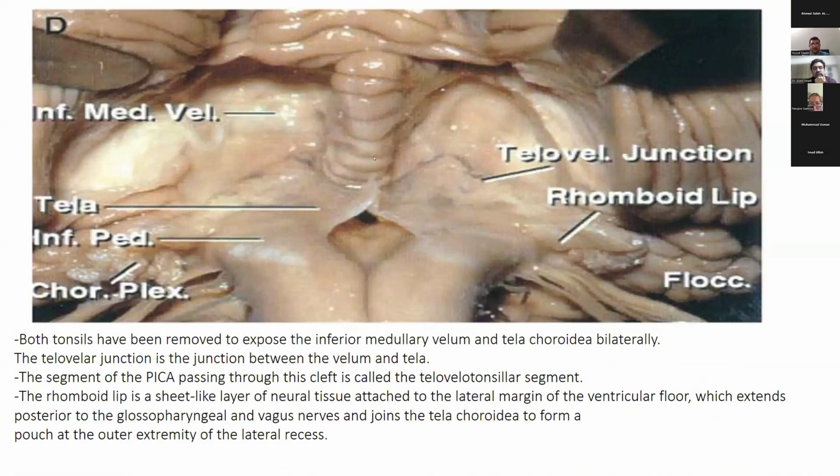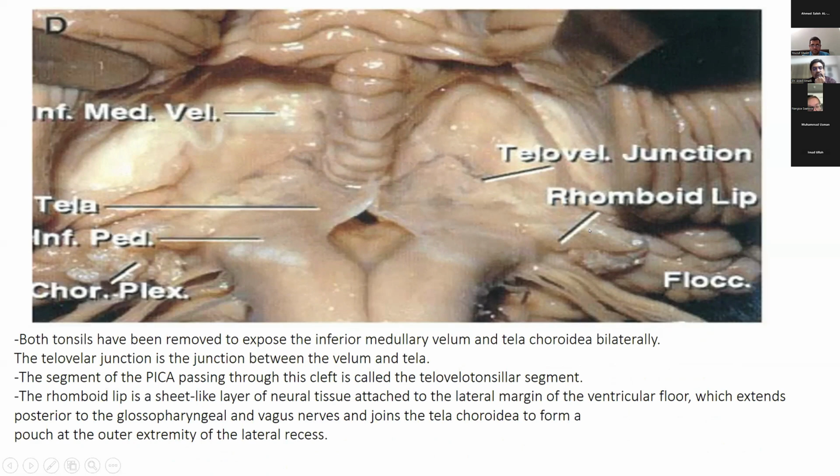So now it becomes bilaterally symmetrical. Yet again, the uvula and both the tonsils. This tonsil has been retracted, and you can very clearly appreciate the symmetrical telovelar junction. This is the inferior medullary velum, this is the tela choroidea, and this is the telovelar junction.